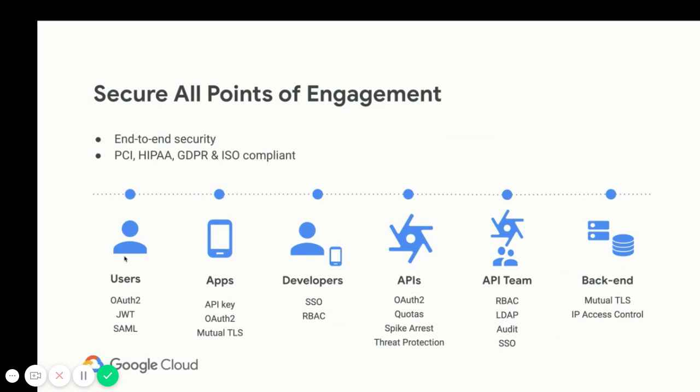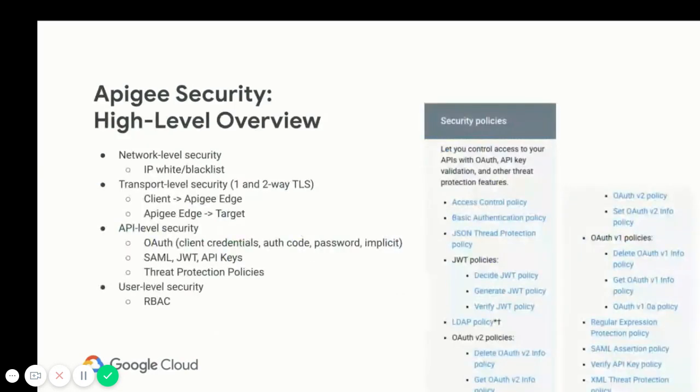So what you see now is the horizontal view, the way we see it across the points of engagement. The next slide is for each of these specific points of engagement, what's really the vertical. When we say the vertical, I mean the security protections across the OSI layers. At the network level, is there a mechanism to whitelist or blacklist an IP address?